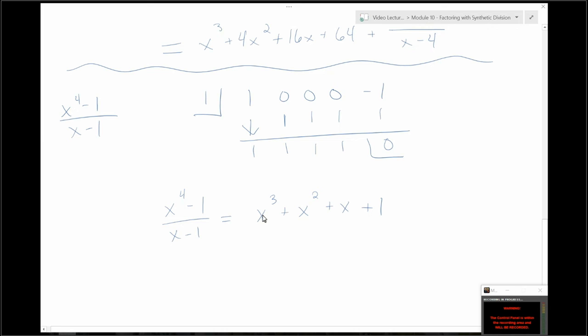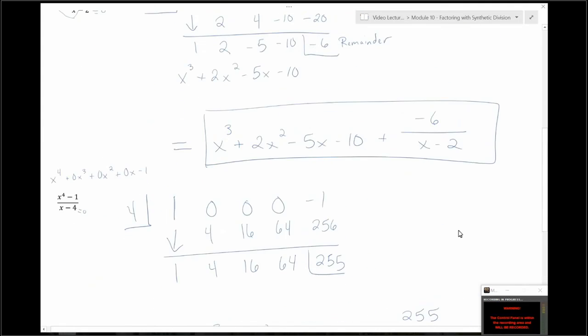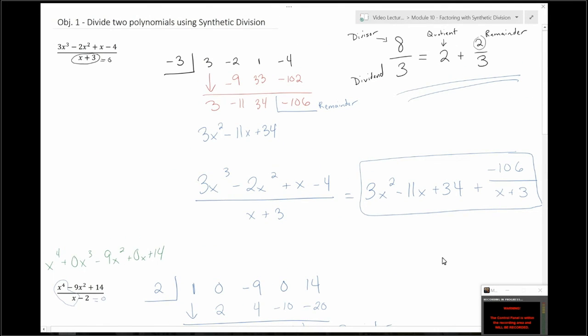So if we rewrote this a little bit, we can see the use for synthetic division. It's going to help us factor these very large polynomials. But for this lesson, we're just focusing on the first part, actually being able to divide two polynomials using synthetic division.